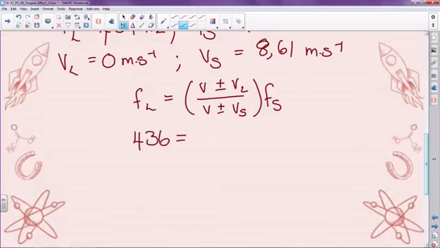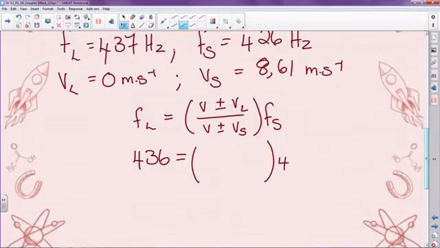Watch how I'm going to put this in. The source is 426. The listener wasn't moving, so I ignore the top end, I don't have to plus anything there. I've just got the speed of sound at the top. Now I'm going to have the speed here, and this is 8,61.